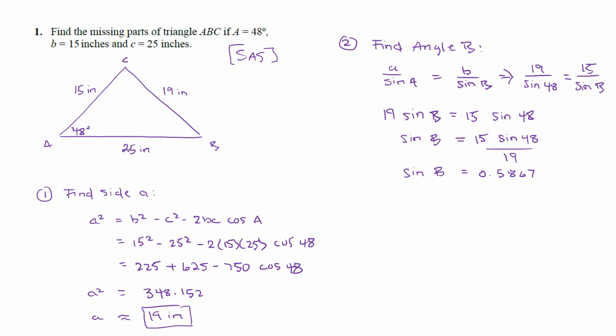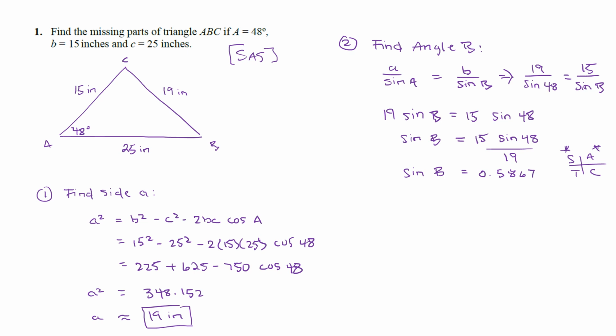This value is between -1 and 1. Therefore, it can be a value of the sine of an angle. Since this value is positive, I want to locate the quadrants that have a positive value for sine, and that would be quadrant 1 and quadrant 2.